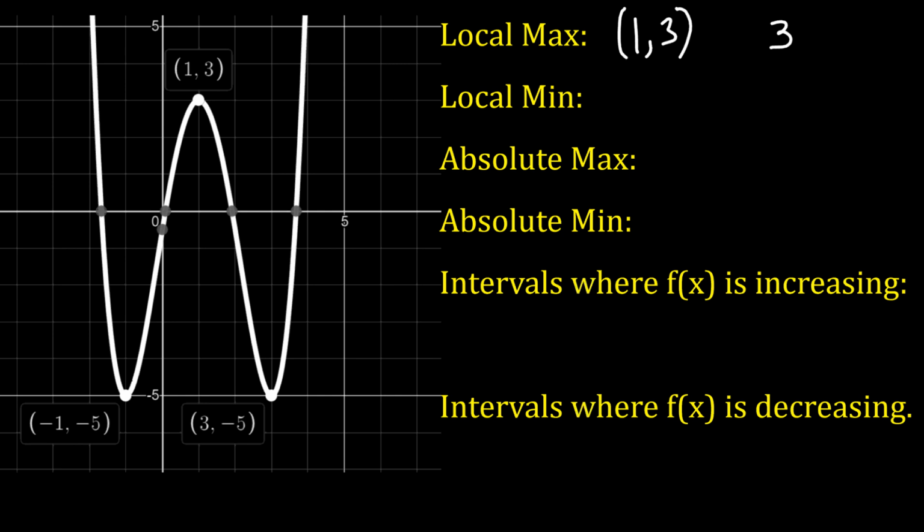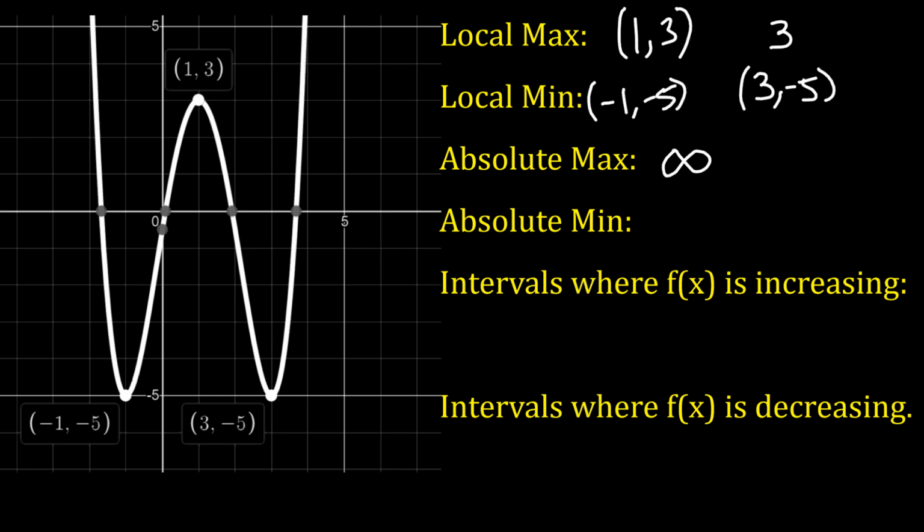The local min is at -1, -5, and at 3, -5. These are both considered local minimums. The absolute max is going to be infinity. Some textbooks you might see it say none because there isn't one highest point.